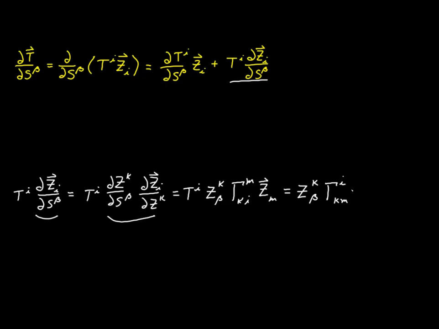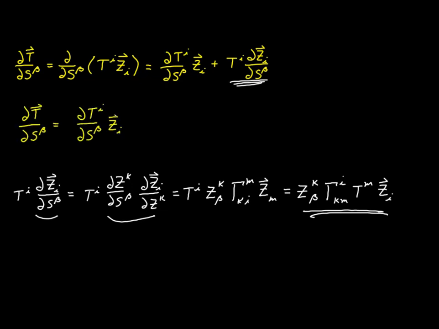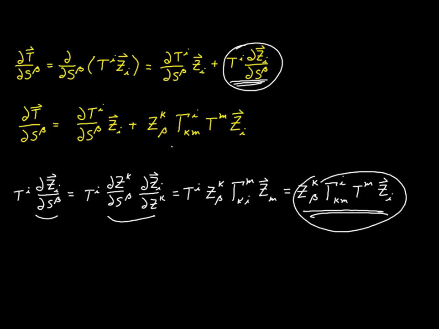And then we'll have Tm right here and zi right there. So the whole point of this is that this term up here is exactly equal to this one. So we'll just use this as a substitution for this. All I've done is to replace this term with this one, giving us this.